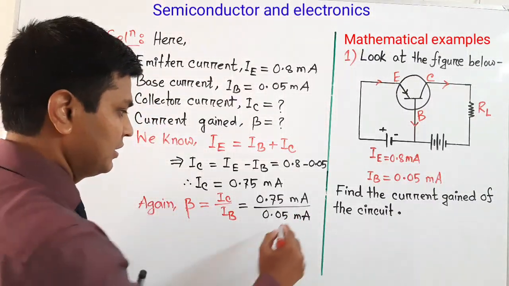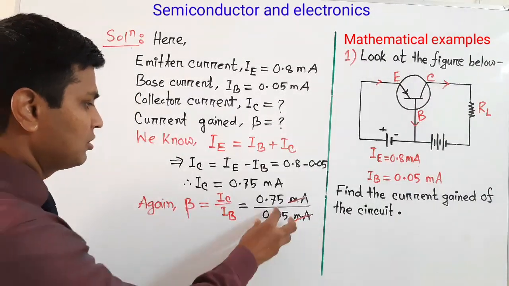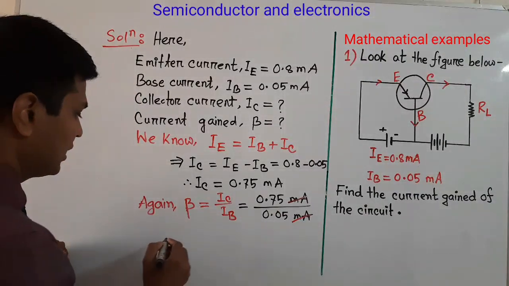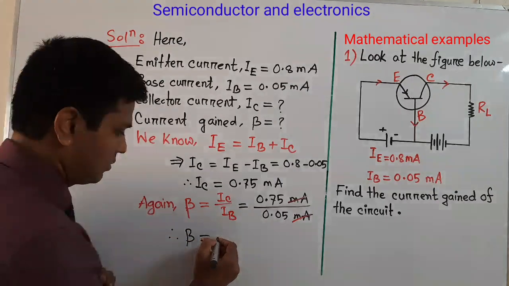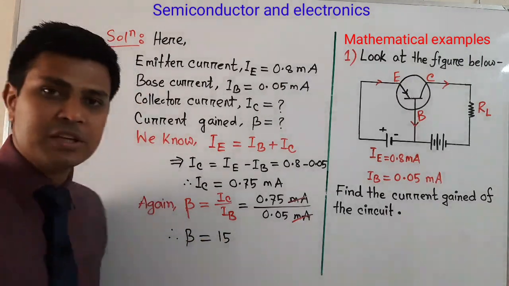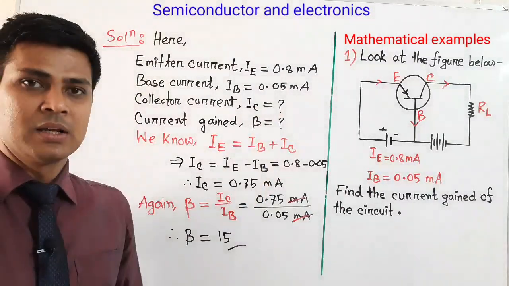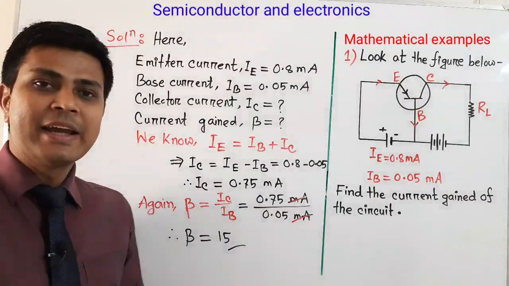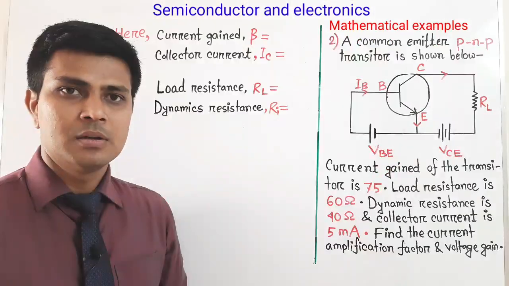So you can see this unit will be cancelled out from the denominator and numerator. After calculating this expression, we will get the value of current gain beta equal to 15. So this is the answer to question number 1. And beta, that means current gain, has no unit because it's the ratio of the same quantity.